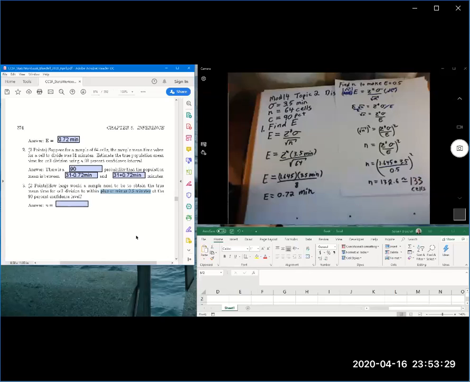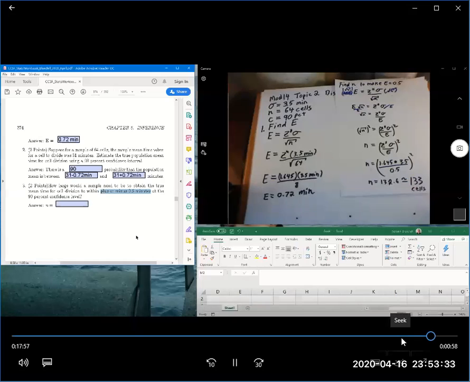And the reason for that is you want to be at least, in this case, 90% confident that the error is not more than half a minute. If you round down, you'll be a little less confident. So you round up, regardless what the next digit is here.